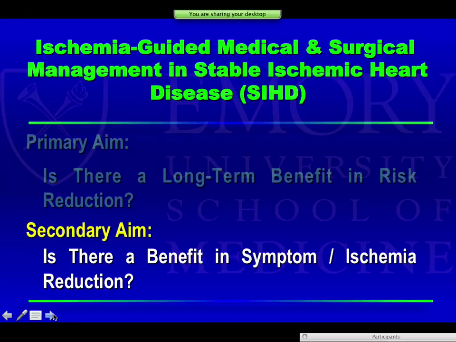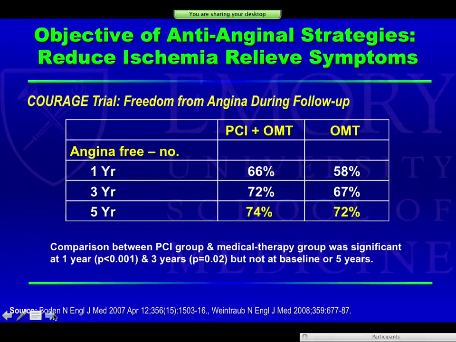So let's move on quickly and talk about the secondary aims, because the secondary aims are very important. You can see a real distinction between the primary aims, which is a long-term benefit, and the secondary aims, which would be a near-term benefit of symptom or ischemia reduction.